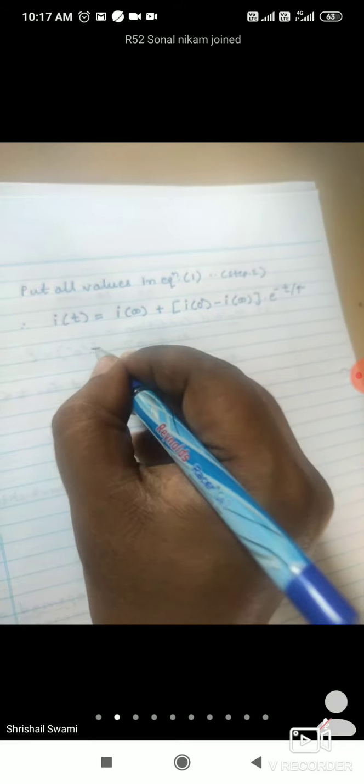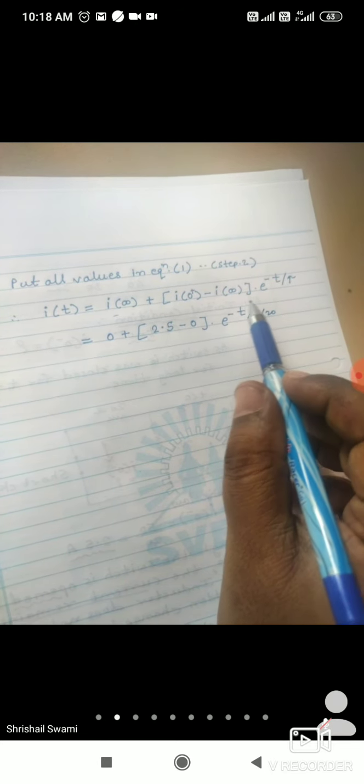I of infinite is 0, plus I of 0 plus is 2.5 minus I of infinite is 0, into e raised to minus t divided by 1/20. Why I told you to keep 1/20 as it is: because this 20 goes to the numerator, that is I of t is equal to 2.5 into e raised to minus 20 into t.